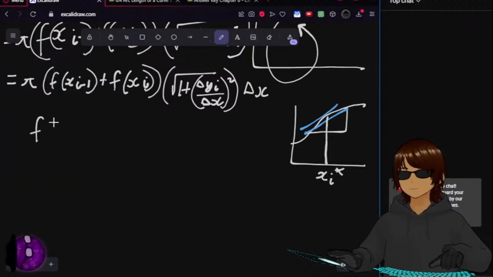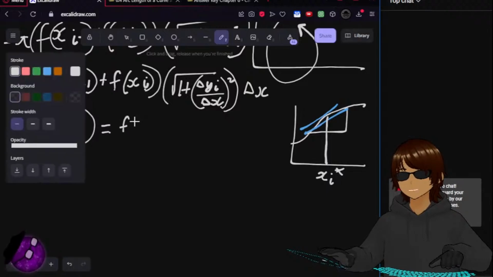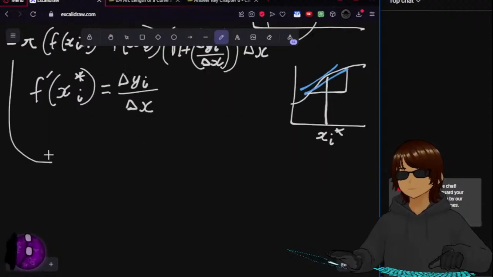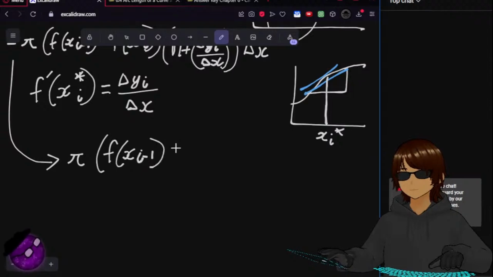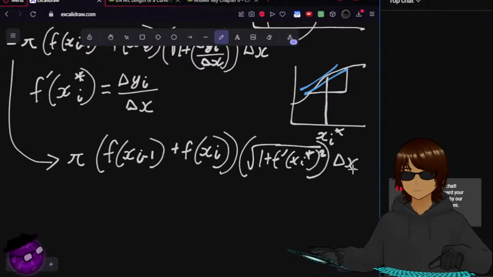So basically, the tangent should match this gradient, the gradient of this straight line. That's the mean value theorem. f prime of xi star squared delta x, right?